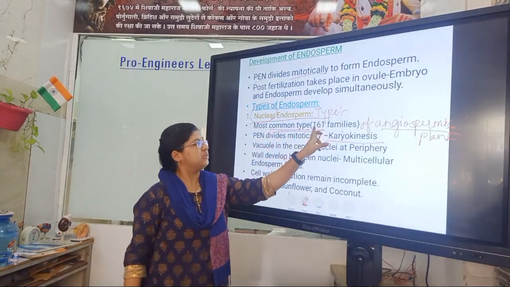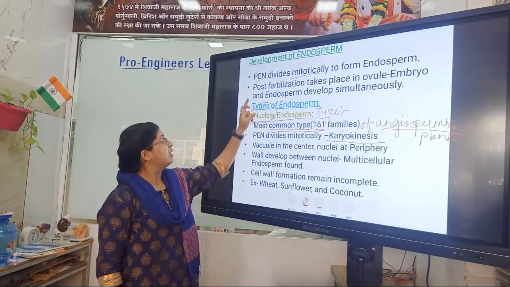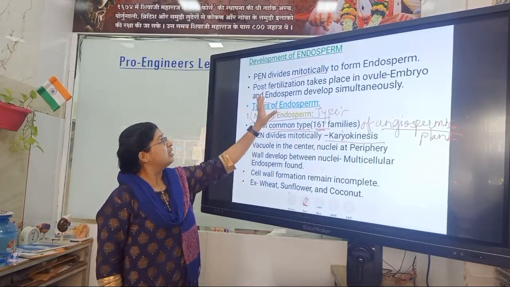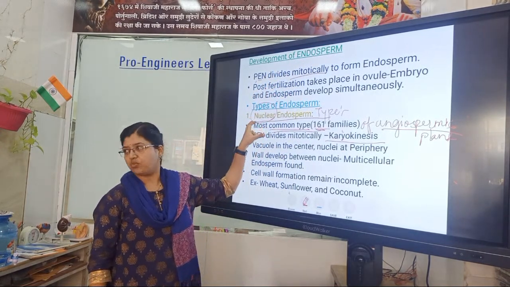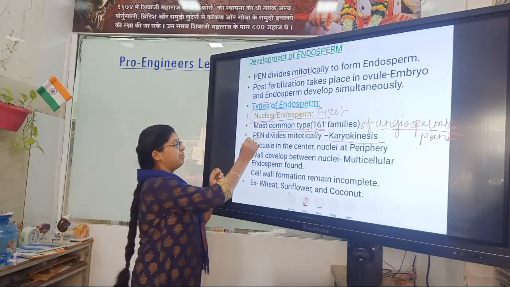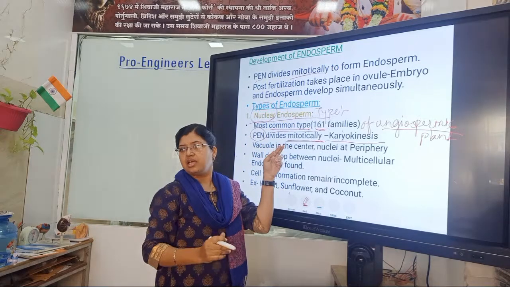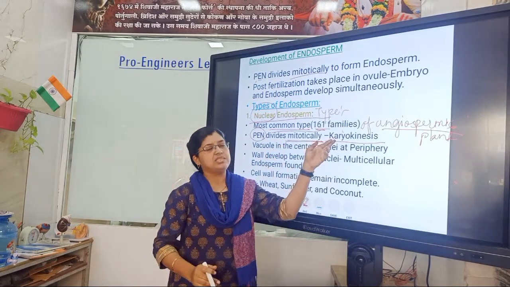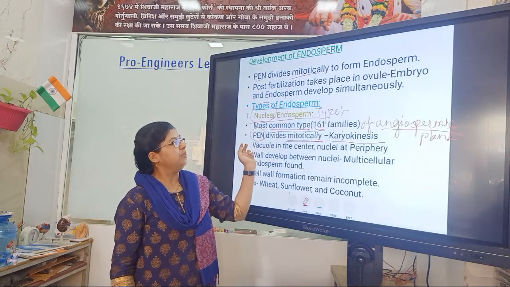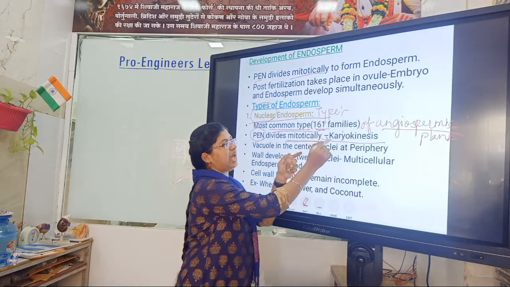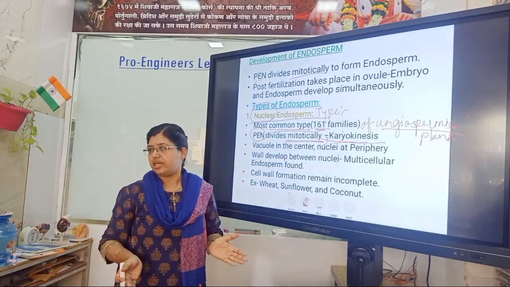Then the PEN, it is a type of endosperm, nuclear. The PEN divides mitotically, either by karyokinesis or cytokinesis. But in nuclear endosperm, there is karyokinesis, meaning the nucleus gets divided.